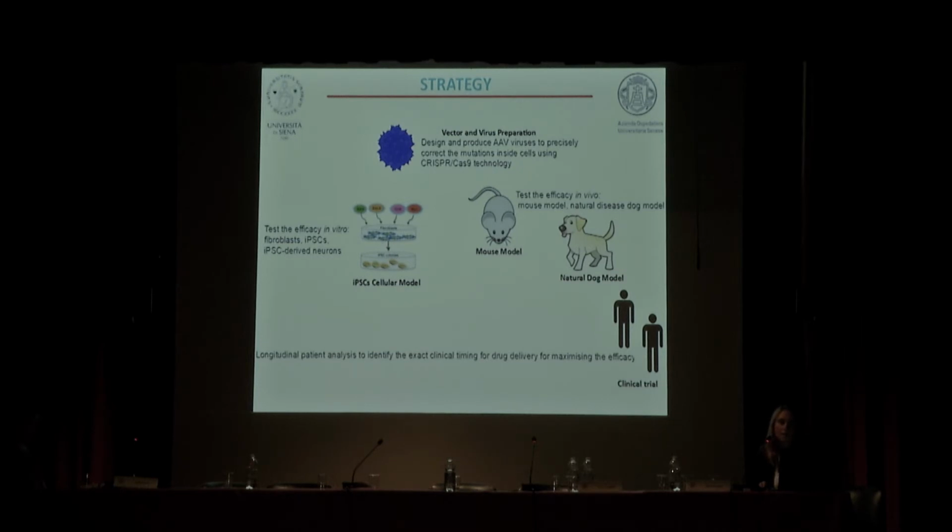It is based firstly on testing the efficacy in vitro in cell models, so in fibroblasts, iPS induced pluripotent stem cells, and neurons derived from these cells. And secondly, on testing the efficacy in vivo, for example, in a mouse model, or in a natural disease dog model, if it exists.